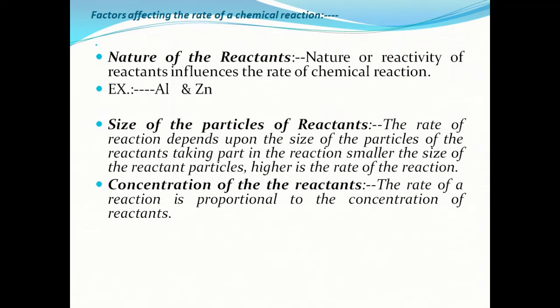In that condition, calcium carbonate disappears slowly and carbon dioxide is liberated slowly. The second situation: concentrated hydrochloric acid reacts rapidly and calcium carbonate disappears fast. This means concentrated acid reacts faster than dilute acid, which means that the rate of reaction is proportional to the concentration of reactant. This is the factor affecting the rate of chemical reaction.